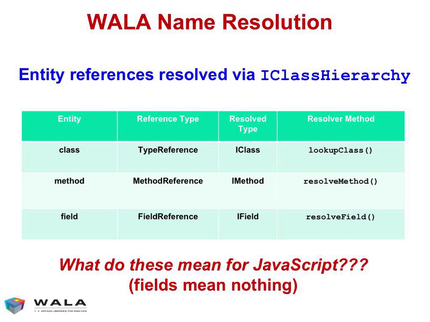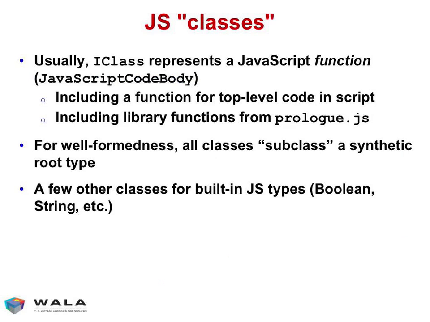In JavaScript, you don't have declared fields, so they're essentially strings. You'll see an I field floating around every once in a while, but all it is is a string. You don't need to worry about resolving it via the class hierarchy or anything like that. So getting to the more interesting cases, what's a class in JavaScript? The way we represent this in Walla, an I class, somewhat confusingly, represents a JavaScript function.